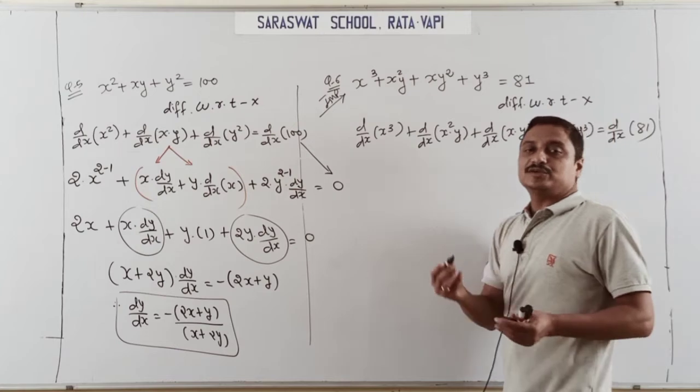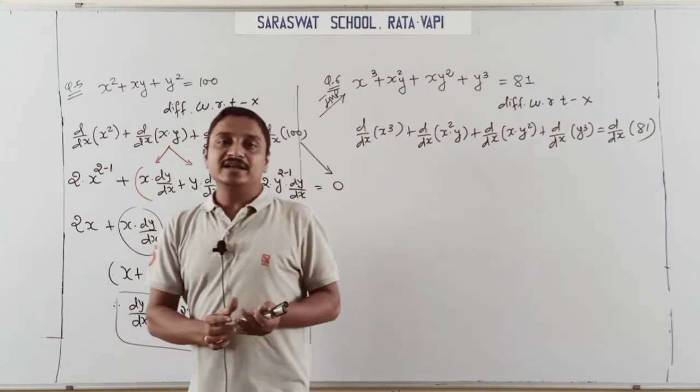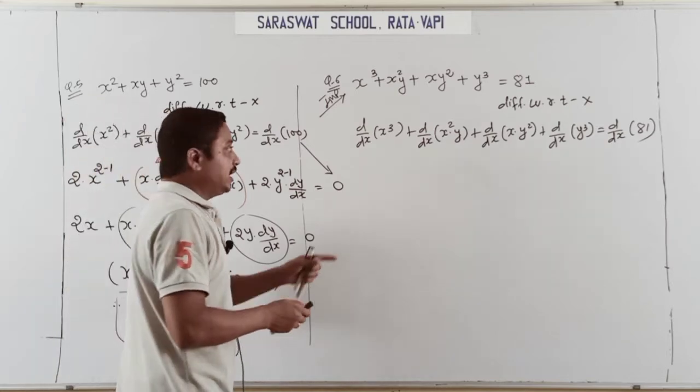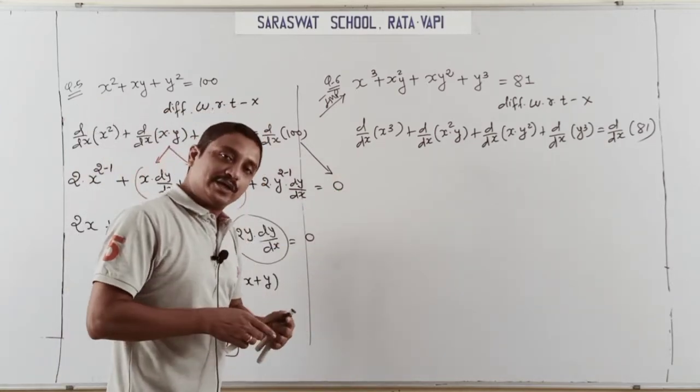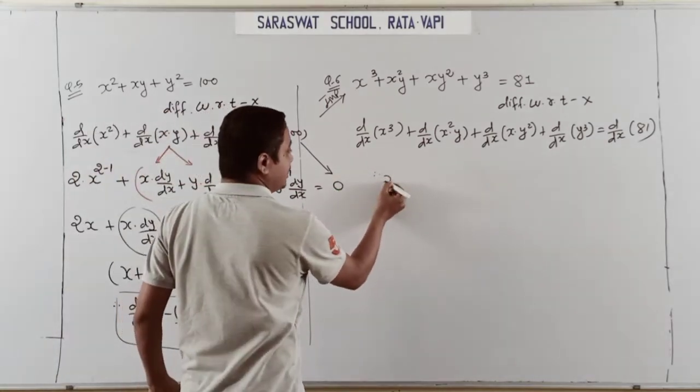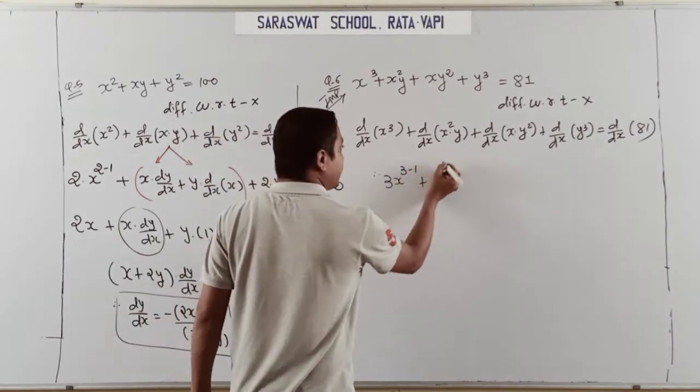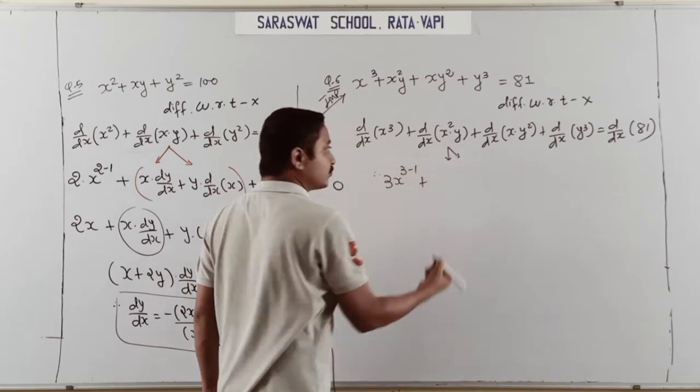This is all values, students. I am just showing that in the dx format. Now, the derivative of x raised to 3, according to x raised to n, is 3 x raised to 3 minus 1. Here I apply the product rule.